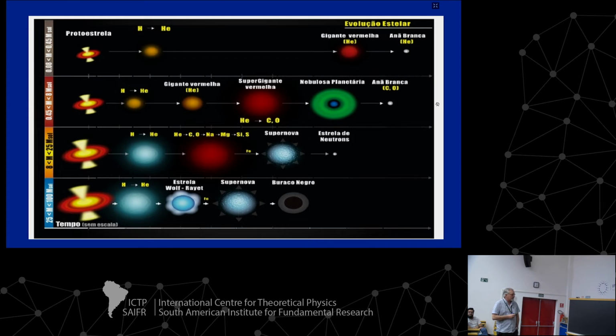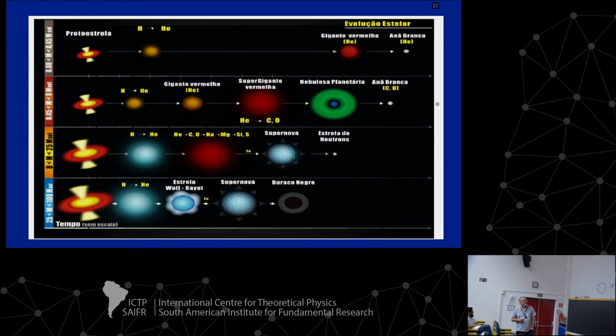But if you have an original star with a mass above 8 up to 25 or 30 solar masses, okay, the process essentially begins the same. You have the fusion of the helium, but you can essentially get the fusion of heavier elements like the carbon, oxygen, sodium, magnesium, up to sulfur, okay?